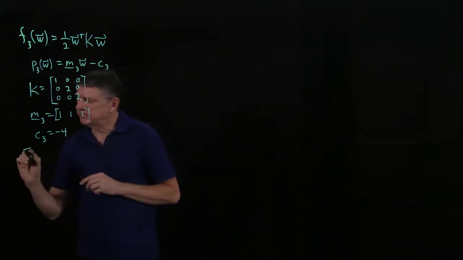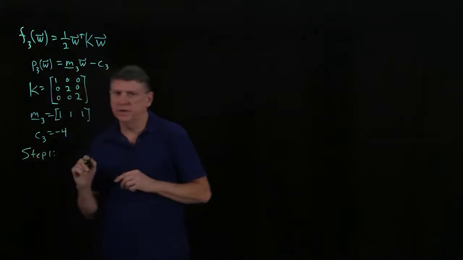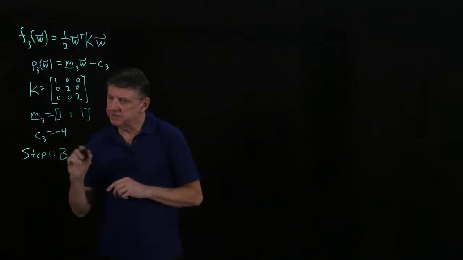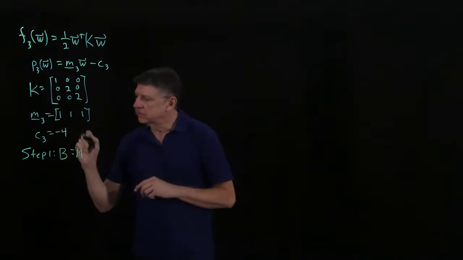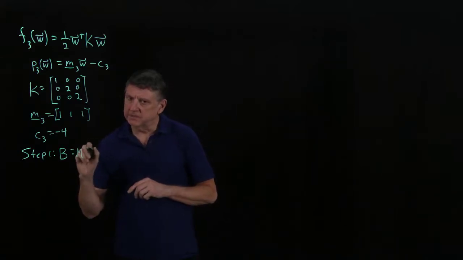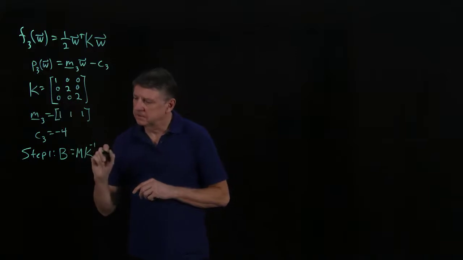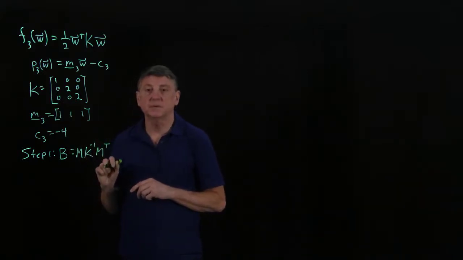The way that we solve this is using our algorithm, and step 1 is our solution matrix B is the constraint matrix times the inverse of the objective matrix times the transpose of the constraint matrix.